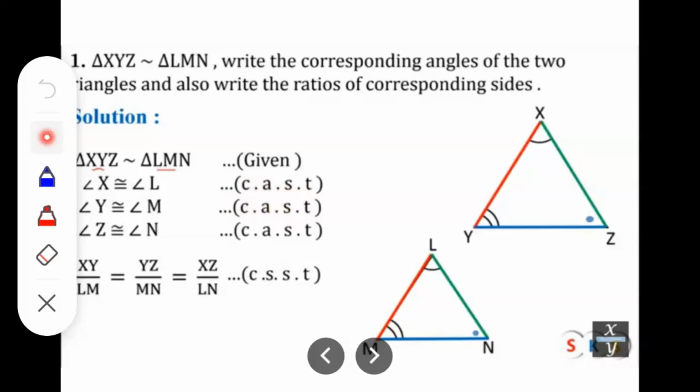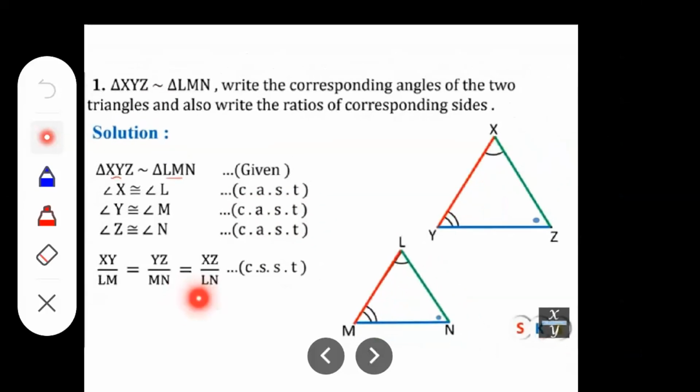As the triangles are given similar, you will write S here. And when triangles are given congruent, you will write C for congruent. That is the change here. So CAST: corresponding angles of similar triangles.